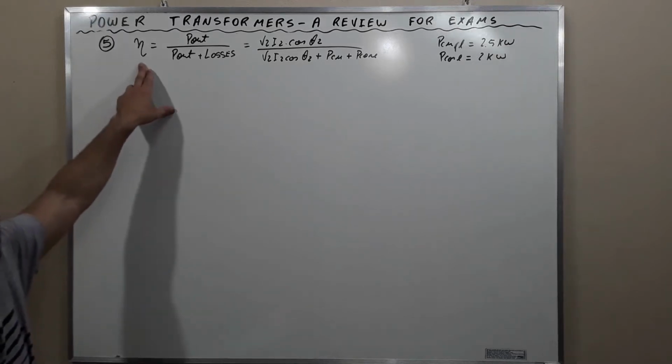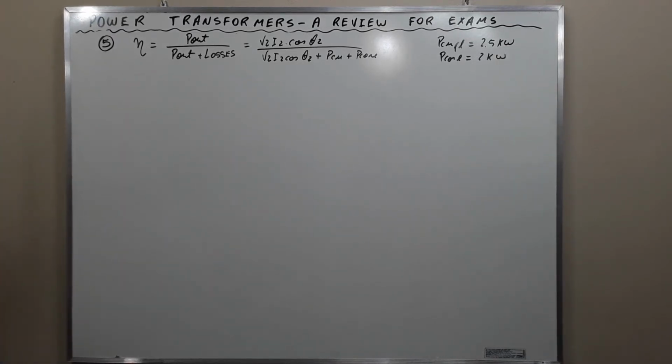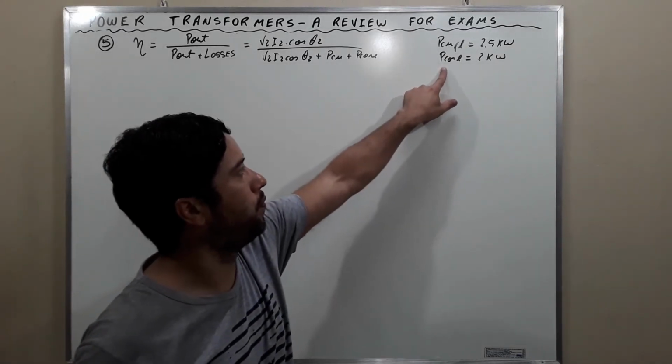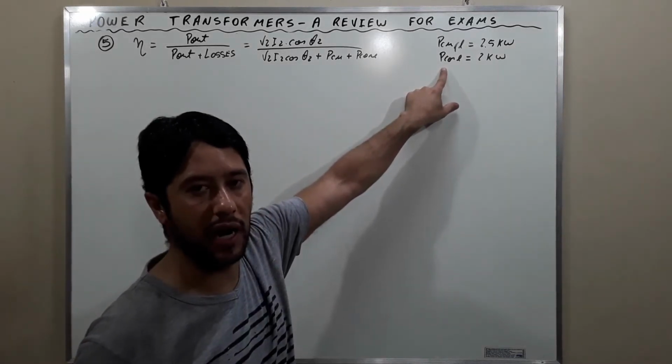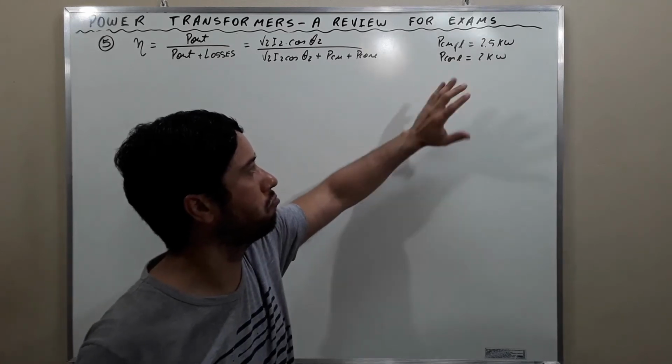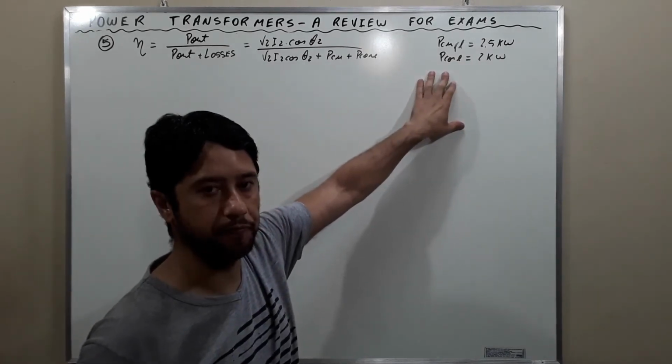We want to maximize the efficiency, and to calculate the load for maximum efficiency, we're going to make use of a variable. We're going to use the variable x here that represents the portion of the output power at full load that produces maximum efficiency. The core losses are somehow fixed.